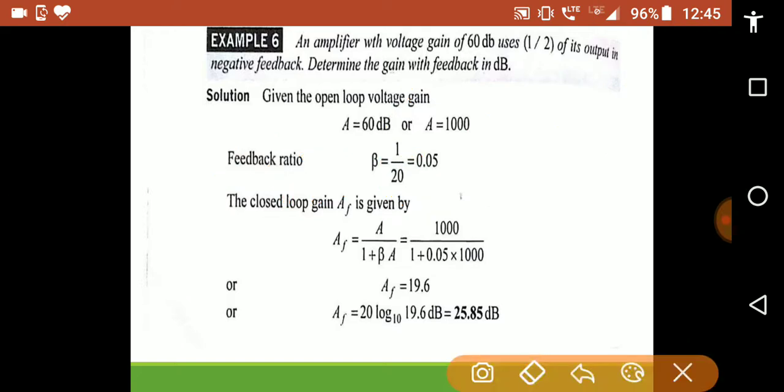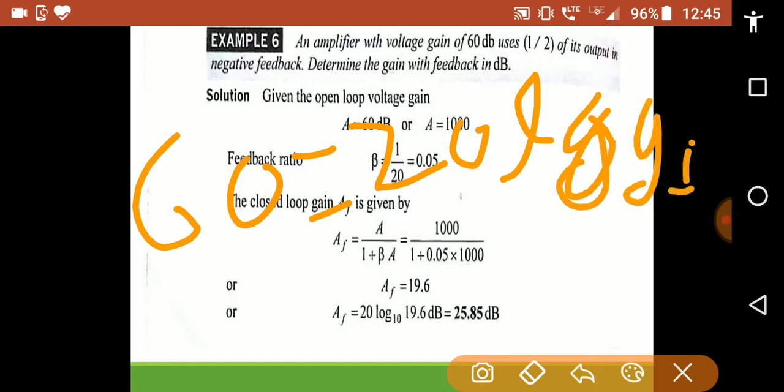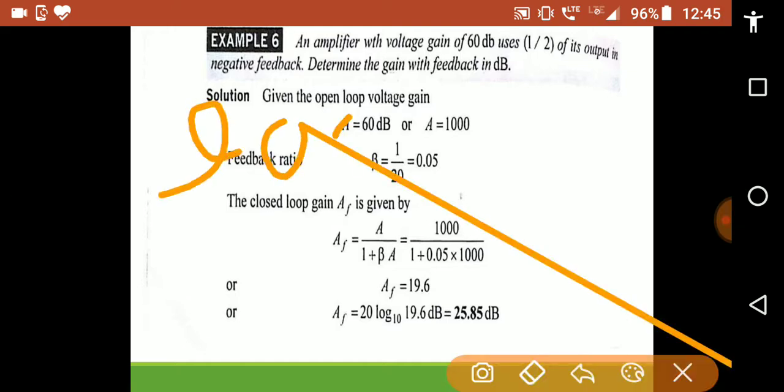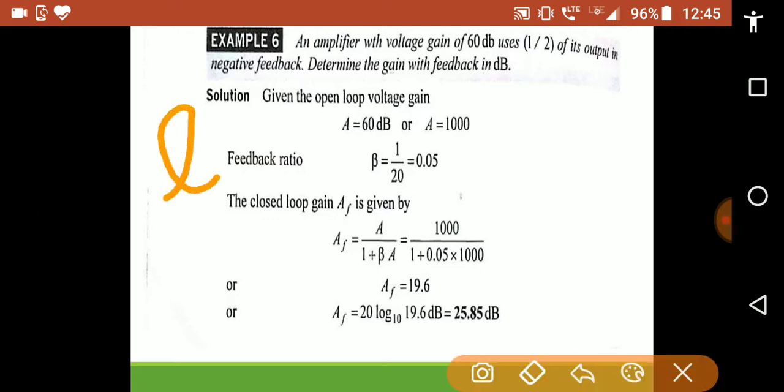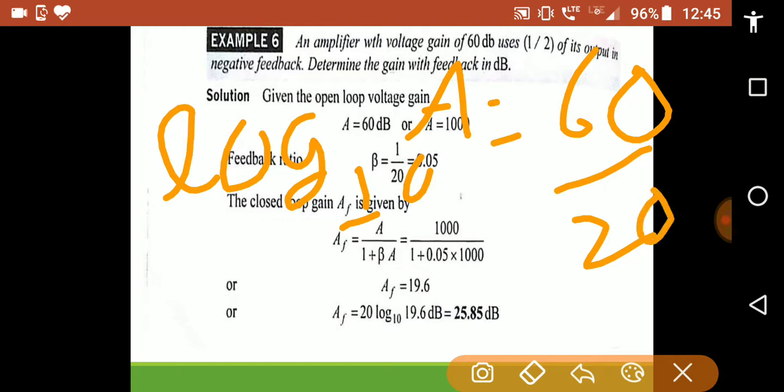So 60 equal to 20 log 10 into A. So log 10 A equal to 60 divided by 20. So this is 3.